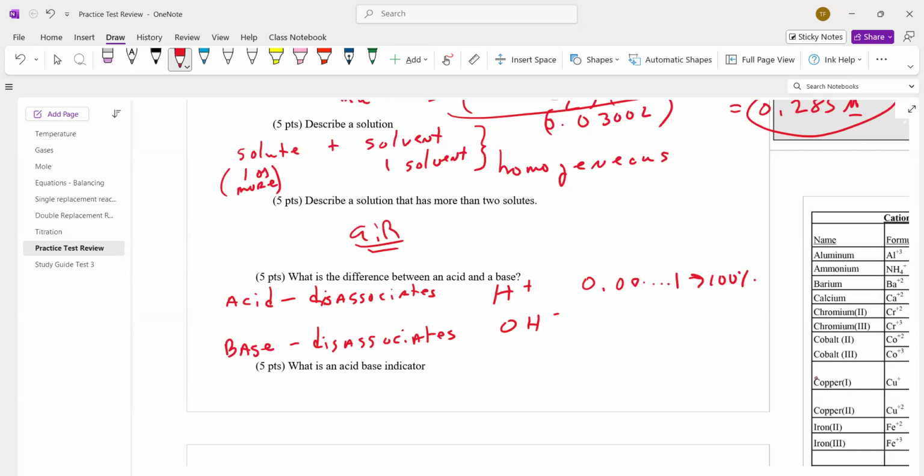It's not zero, but it's a little above zero. We need to know the pH numbers for being able to describe it. You should know that, but it's not going to be on the test.